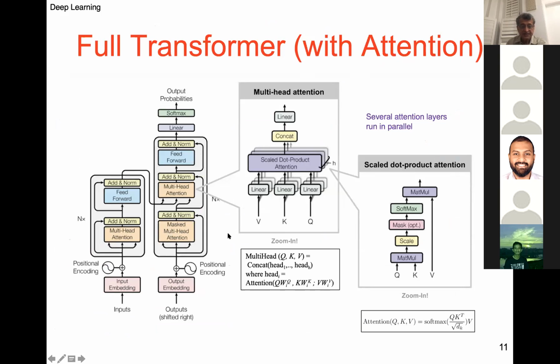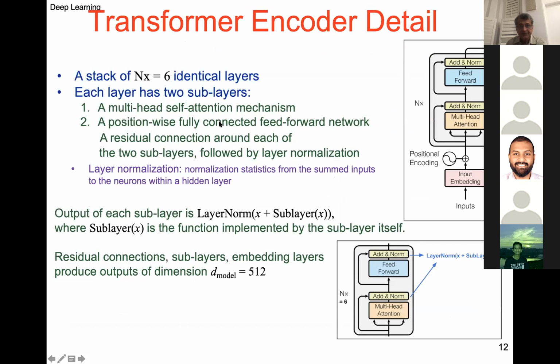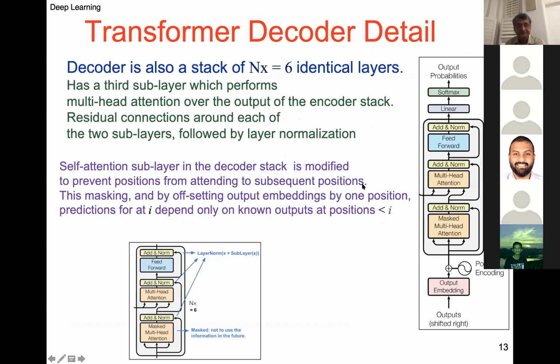All of this is said to be the full transformer with attention, which does not use RNN, but uses a straightforward vector representation. Transformer encoder detail. So it says what each of these diagrams is. It's trying to explain that. It's getting a bit complicated here. Transformer decoder detail. Okay.